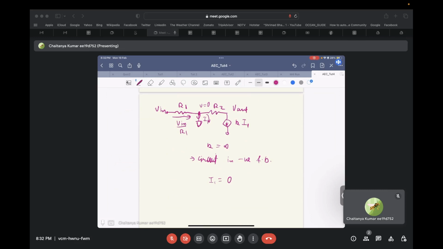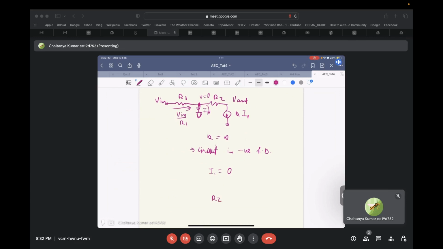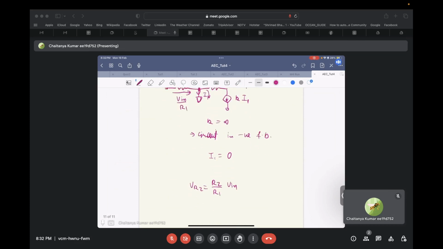So all this current will flow through the resistor R2, and the voltage drop across R2 will be R2 by R1 times Vin, and one side is 0. So Vout will be minus R2 by R1 times Vin.